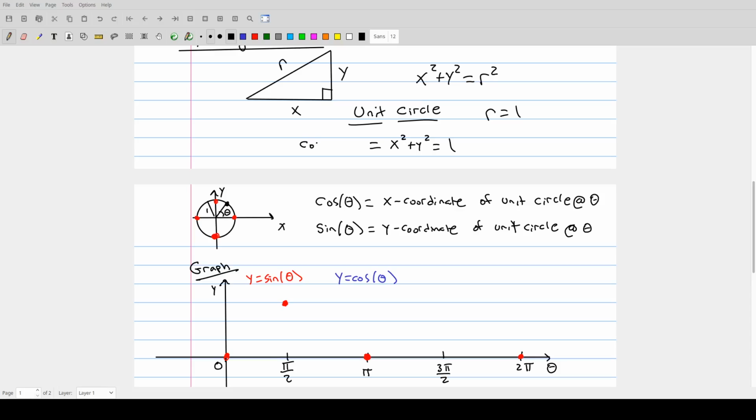It's that cosine squared plus sine squared is equal to 1. It's always equal to 1 for any angle, no matter what the angle is. So I'm going to call this the most fundamental trig identity.